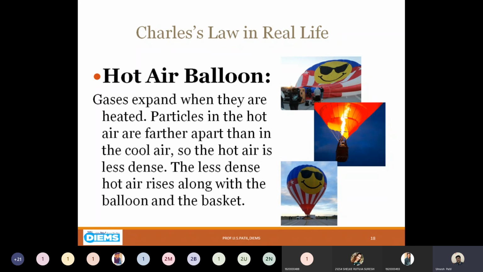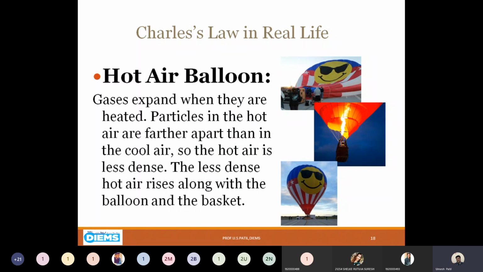Just read carefully. This hot air balloon works on Charles' law. Read this sentence and correlate it with the statement of Charles' law: volume is directly proportional to temperature if the pressure is kept constant.